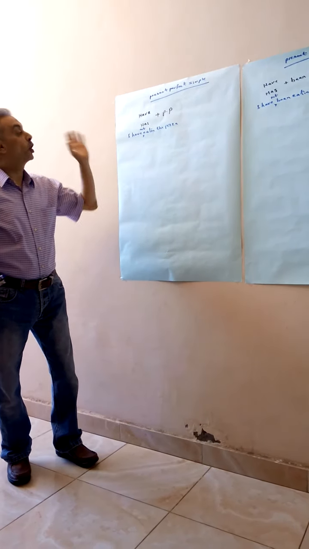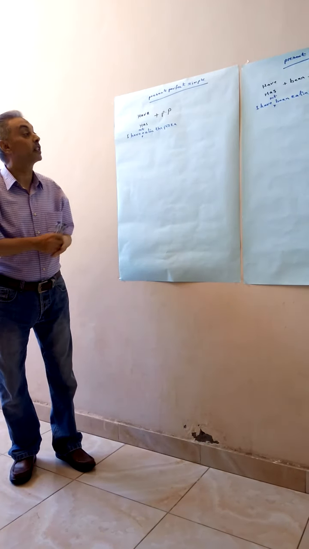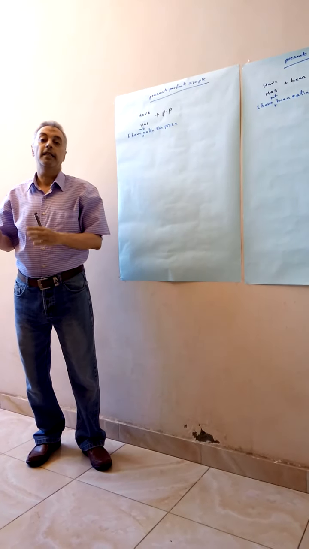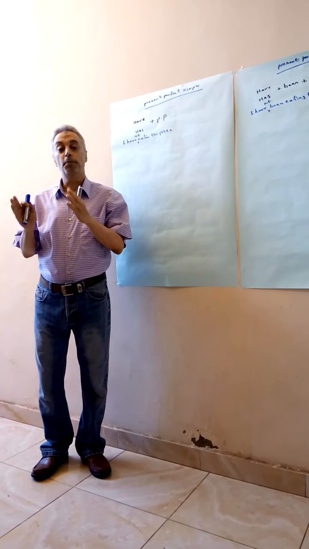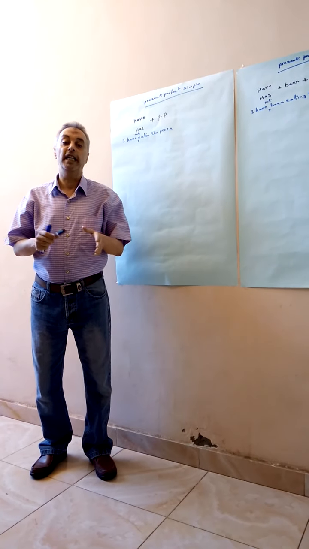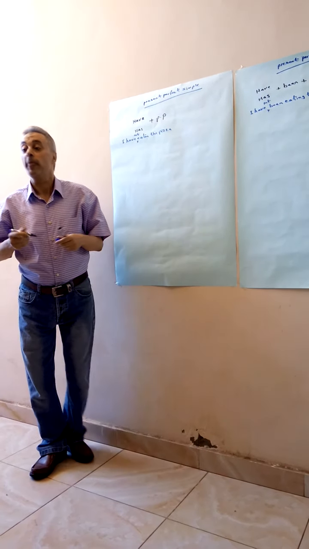This is how to construct the sentence in the present perfect simple and the present perfect progressive. Now we are going to explain the difference between them, and how and when to use one or the other.